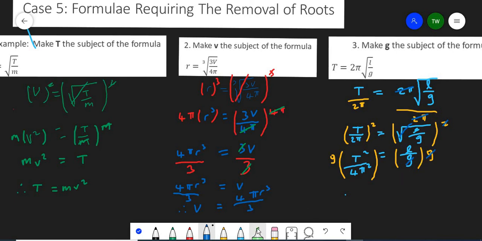And what we're left back with on this side is the numerator, which is L. And over here, what we have is G times a fraction, which is T squared over 4 pi squared.